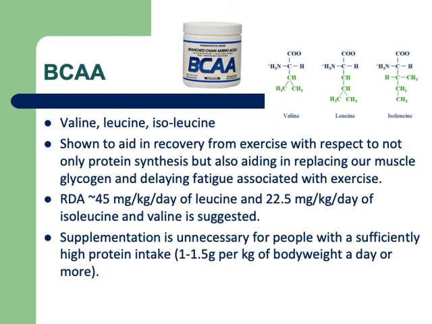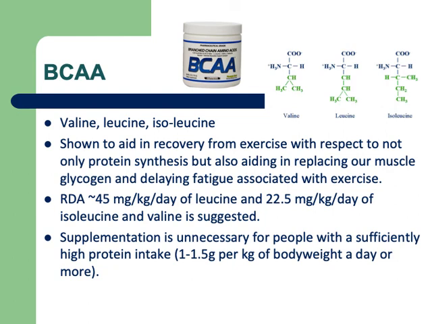So we have an RDA, which is the recommended daily allowance, of leucine, and isoleucine and valine are also suggested, so we need these each day. As we age, our ability to absorb leucine decreases. This is why it's so important for older individuals to have a higher amount of protein in their diet to ensure they're getting enough leucine.